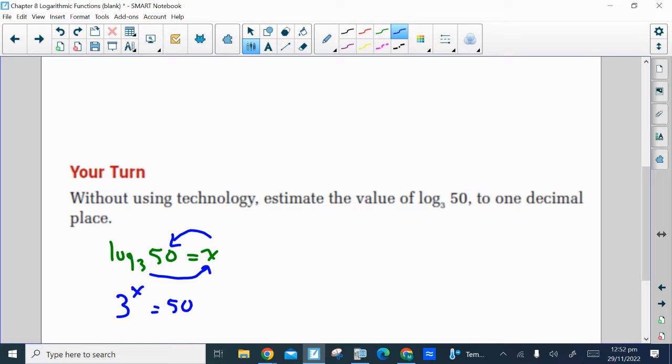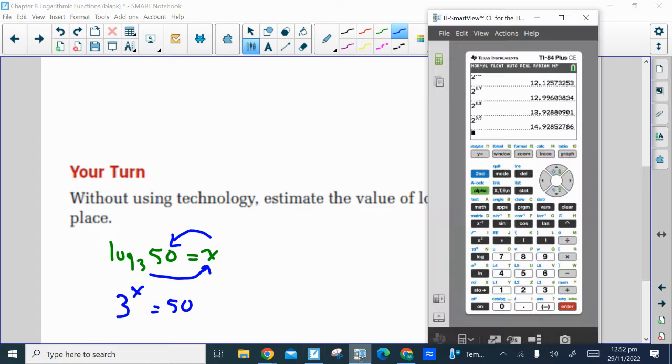So that's what log base 3 of 50 really means. It means 3 to what power equals 50. Now 3 cubed is 27. 3 to the 4th is 81. So it's going to be somewhere between 3 and 4. Okay. 50 is a little closer to 27 than it is to 81. So our answer is probably going to be closer to 3 than it is to 4.